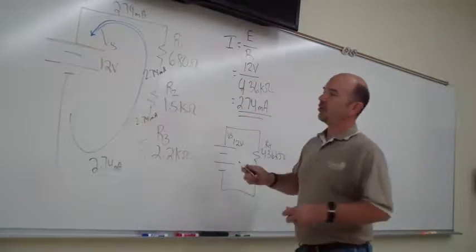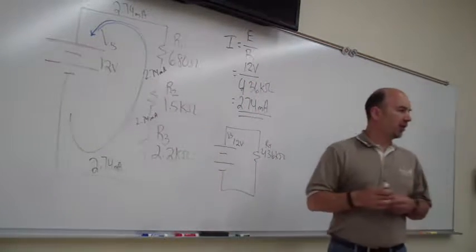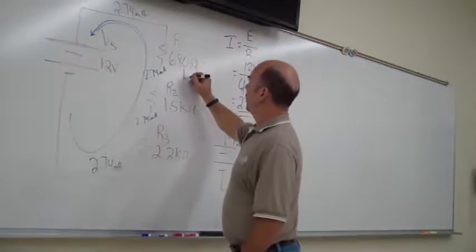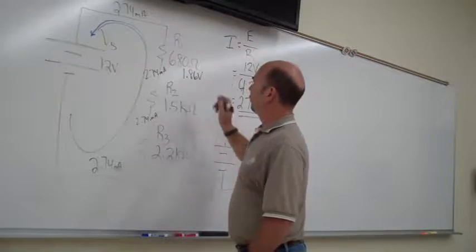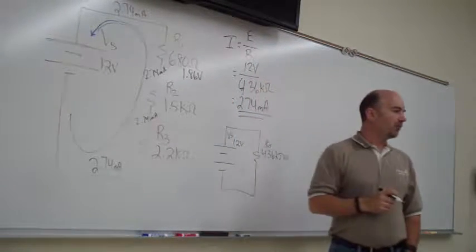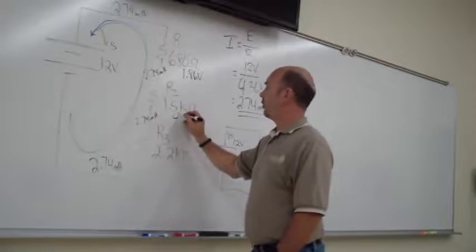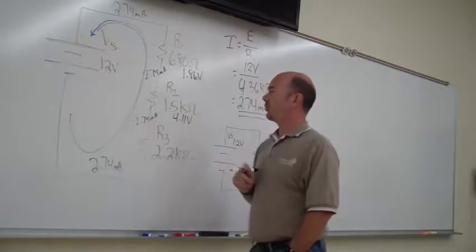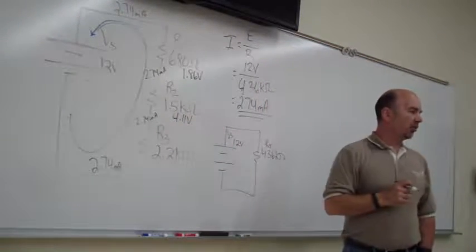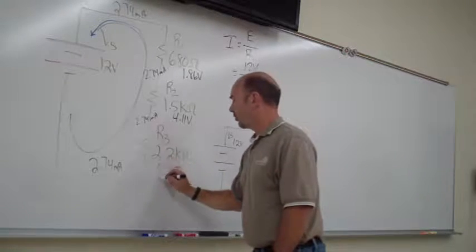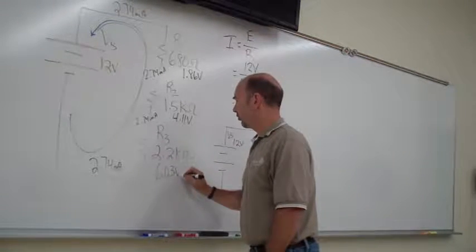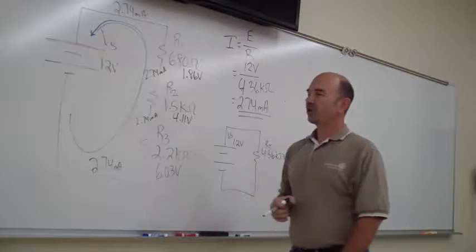So in this case, when I do that, I'm going to see that I have 1.86 volts developed across R1. I'll have 4.11 volts across R2, and across R3 is 6.03 volts. Now that's kind of weird.